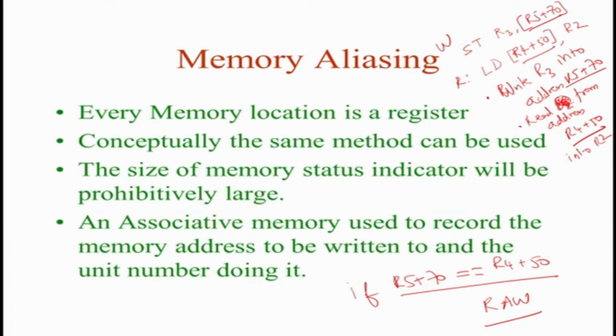Yes or no? But if I have 32 GB of memory today, can I have 32 GB of register status indicators? Is it necessary? It is not necessary. The way we solve this is we use the concept of what we call CAM, content addressable memory.